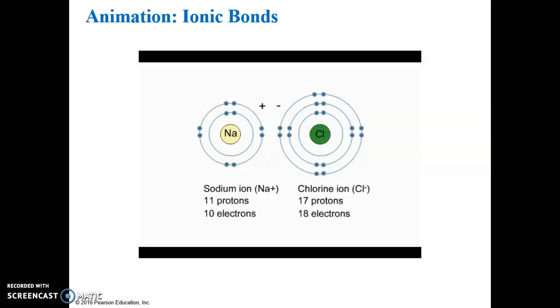Such a charged atom or molecule is called an ion, in this case a negative ion. The sodium atom has lost an electron, leaving it with an extra proton, which has a positive charge. The sodium atom has become a positive ion. Ions with opposite charges are attracted to each other, forming an ionic bond. These ions combine to form a compound with new properties. In this case, sodium chloride, ordinary table salt, is formed.